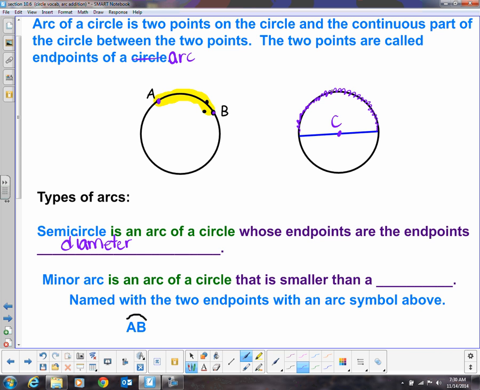How many degrees are there in the circle? 180. You all already know that. Do you also know what radian measure that would be?